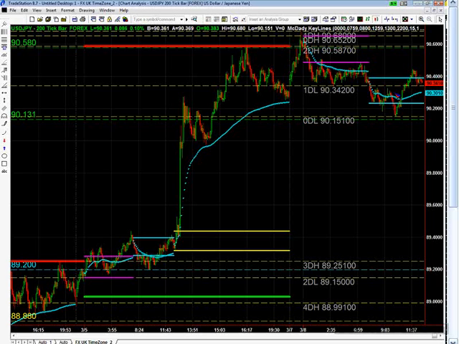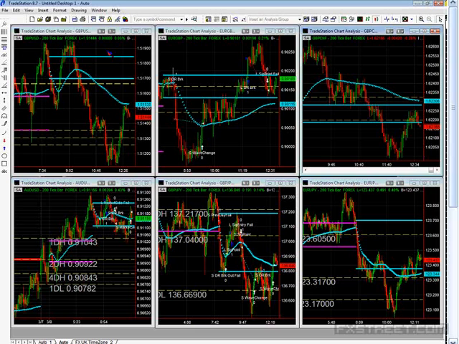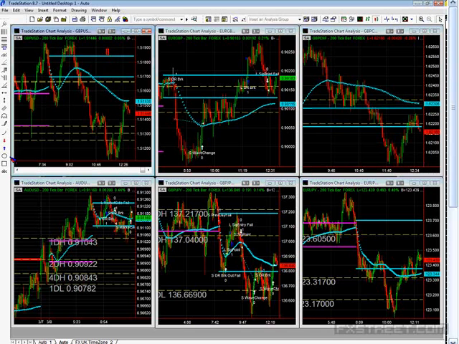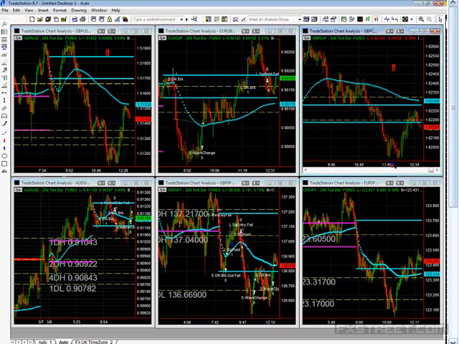But looking at this chart, my bias is to be long the dollar yen, long the dollar Swiss, and long the dollar CAD. And the reason I'm saying that is, right there on the pound dollar, we had a reversal. On the pound Swiss, I also had a reversal.